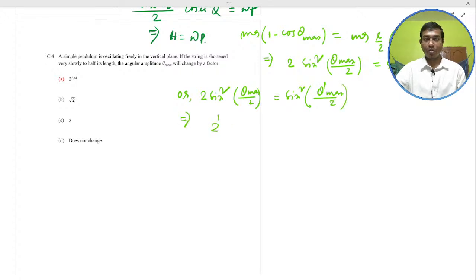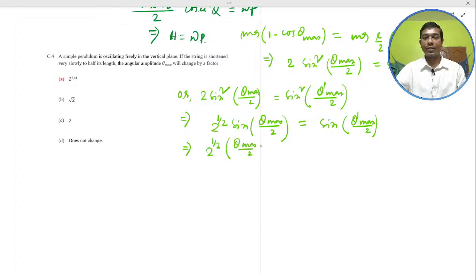Or 2 to the power half sine of theta max by 2 will become sine theta dash max by 2. Or 2 to the power half theta max by 2 is equal to theta dash max by 2.